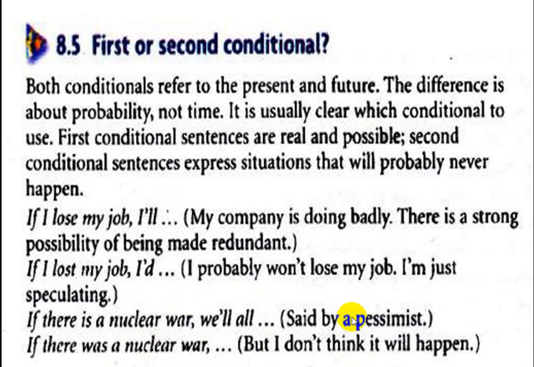So the first one is the first conditional, maybe a real condition, and the second one is the second conditional, because I don't think that it will happen. It might be an unreal situation.